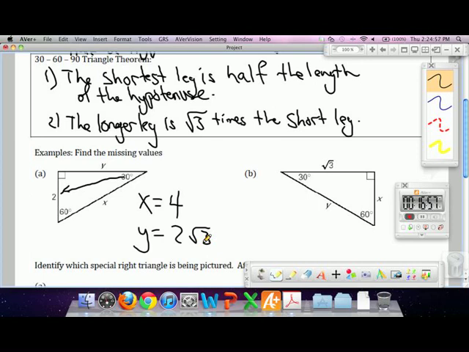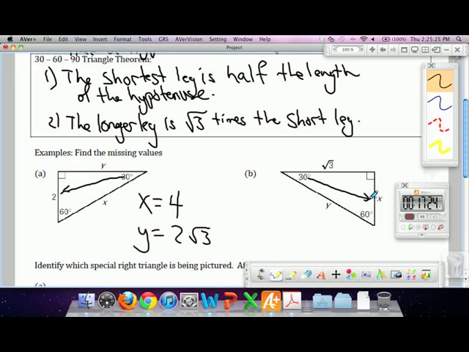Okay. How about B? Here's another 30, 60, 90 triangle. X is the short leg. Y is the hypotenuse. Okay? If I know the longer leg, what's a relationship I know with the longer leg? Root 3 times the short leg. Okay, so then that means I should be able to figure out what x is, because x is a short leg.